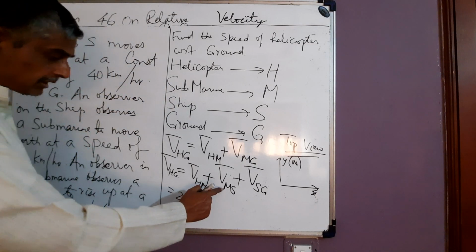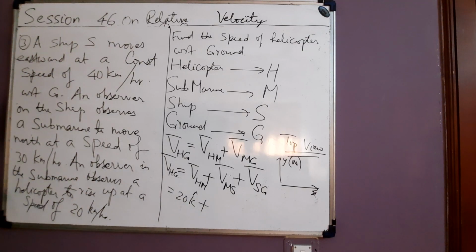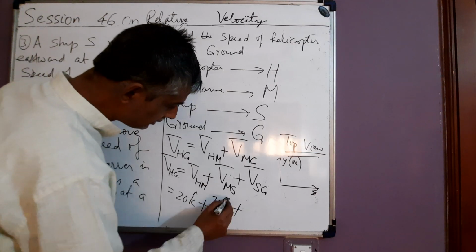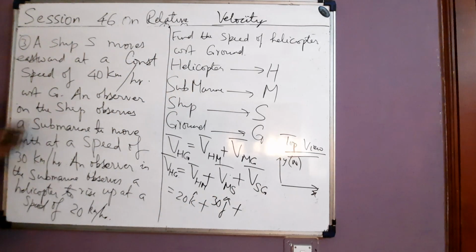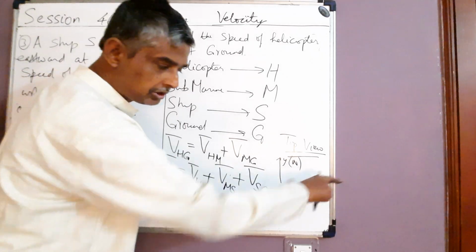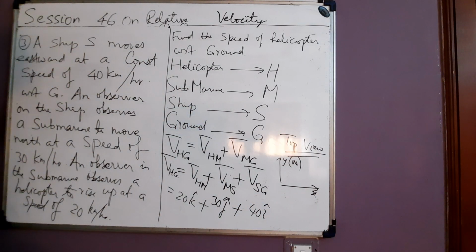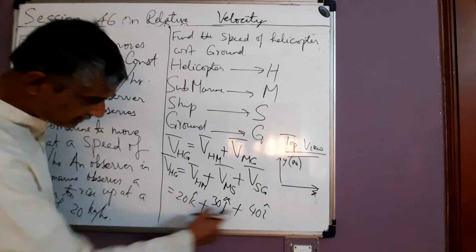Plus velocity of submarine with respect to ship, 30 km per hour along the y-axis, 30 j hat. Plus velocity of ship with respect to ground, 40 km per hour eastward, 40 i hat. So VHG is the vector sum of these three.